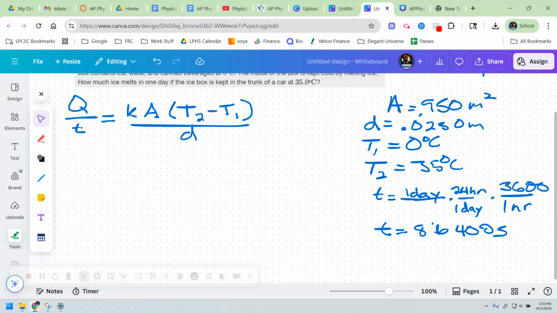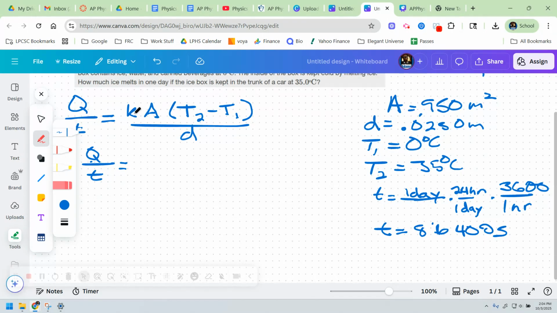So then I know I can calculate Q, right? Because Q is the energy that we need to melt the ice. So what I'm going to do here is say Q over T is equal to, let me plug this in first, and then we'll circle back to melting the ice.